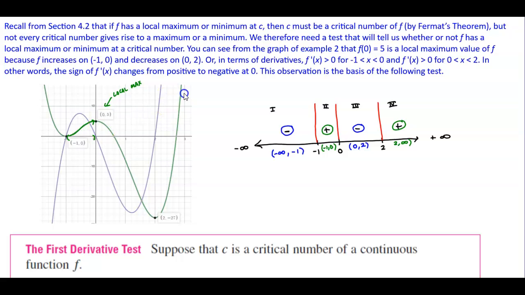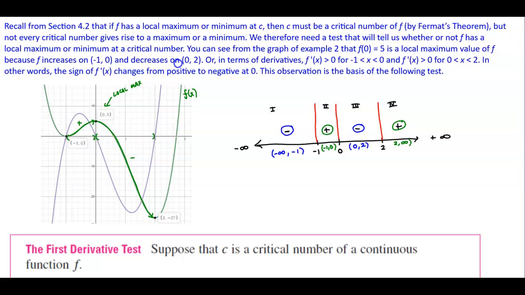Okay, and then you can see that it decreases on 0 to 2. So from 0 to 2, we can see that the function is decreasing. So again, here it is increasing, and then over here it's decreasing for the function.